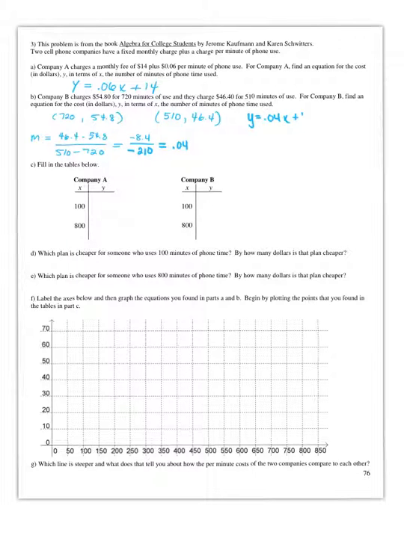So our slope was 0.04. So now we're going to put it together and then substitute in a point to find our intercept, just as we've been doing in all of the problems.